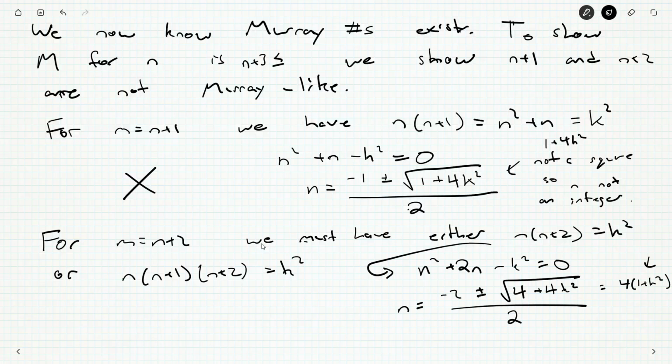And since 1 plus k squared is not a square, then this whole thing is not a square. So n is not an integer. And of course, you'd probably want to use whole sentences there. But there you go. So now it's just this last one here, n times n plus 1 times n plus 2. Can that ever be a perfect square?